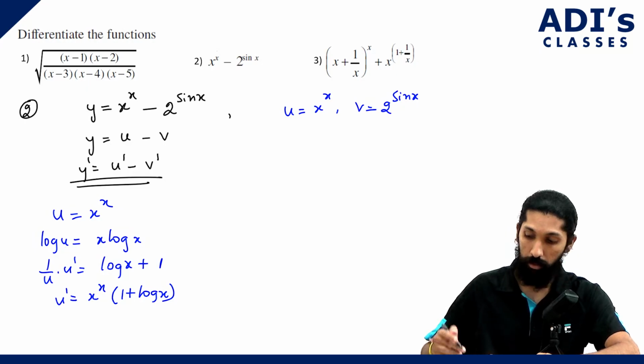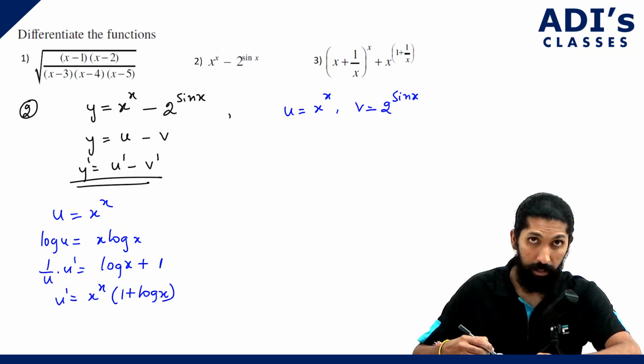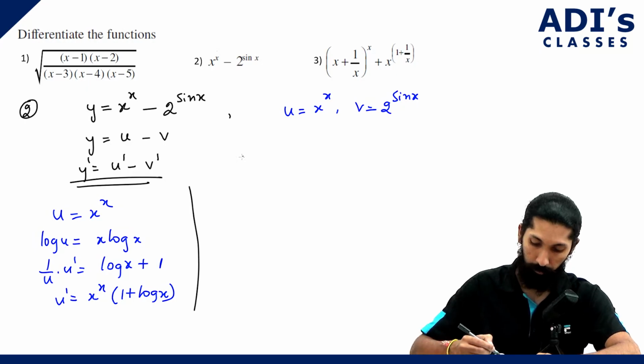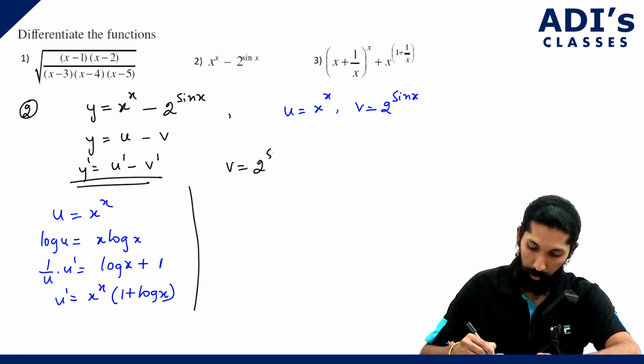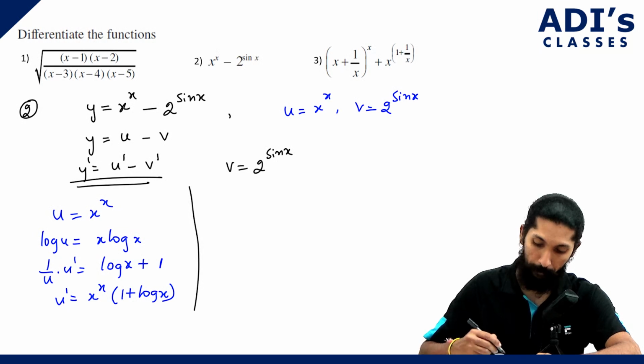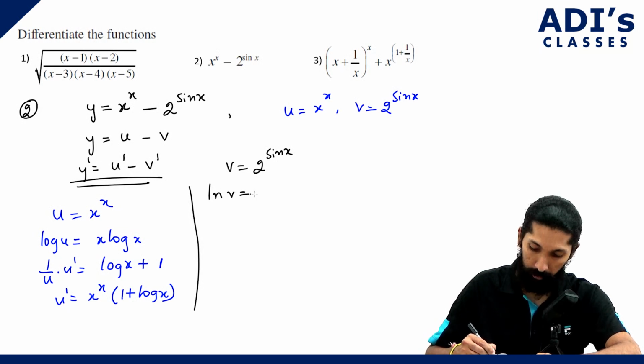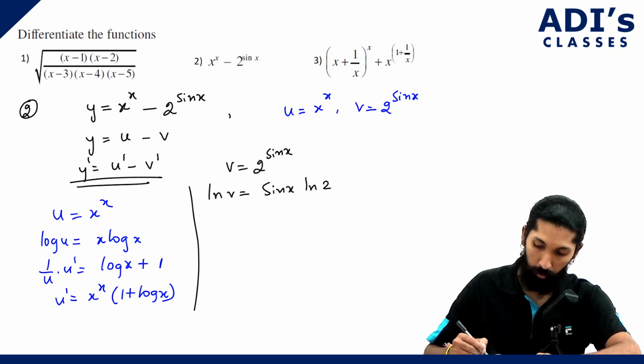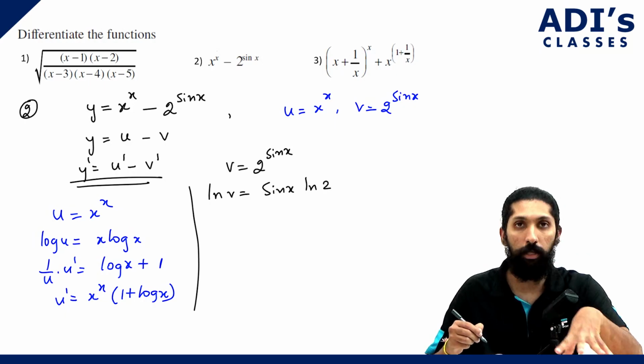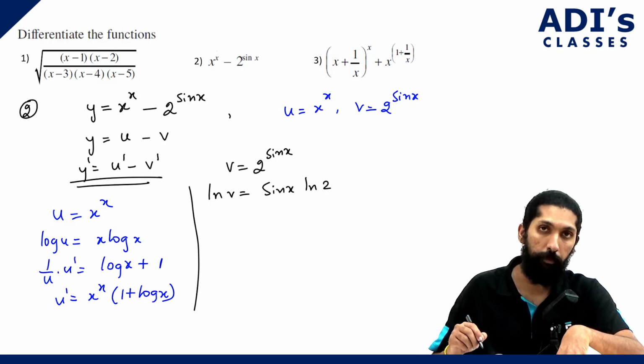So now when you're calculating for v dash, we'll say v is equal to 2 power sin x, log of v is equal to sin x into log 2. Remember, ln is also natural log, or log of base e is also natural log, right?